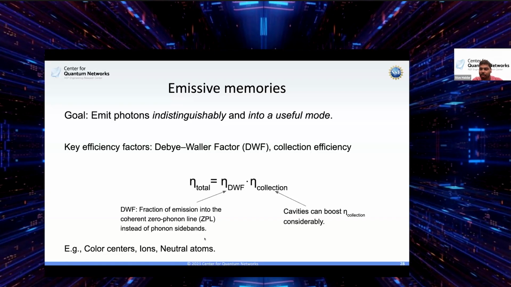So maybe this is just thermal excitation of the system itself. Maybe it's some other photons, right? All of that is not useful. So the fraction of the emission that is in the relevant mode is quantified by what is called the Debye-Waller factor, right? And that's this eta factor that you have here.